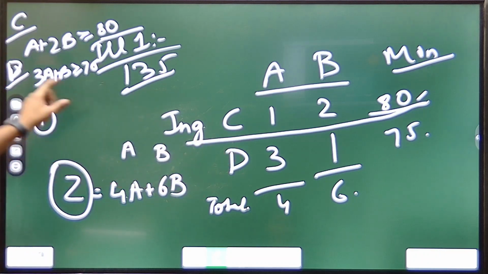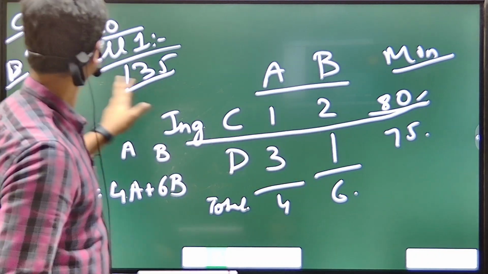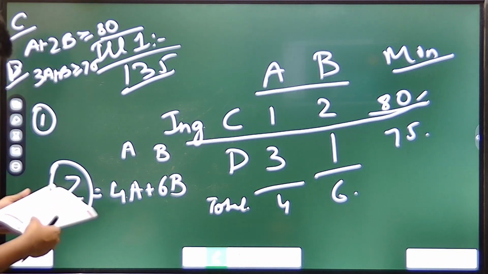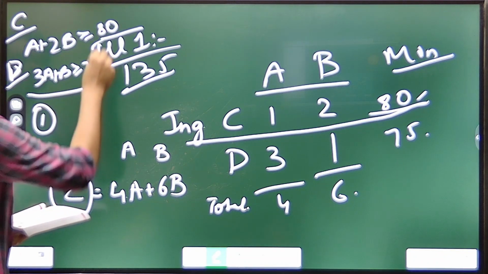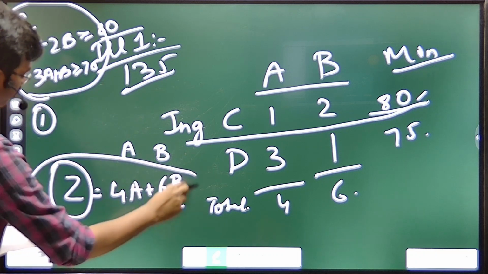Similarly, 3 into number of units of A plus B should be greater than or equal to 75. So these are your constraints, and this is your objective function.